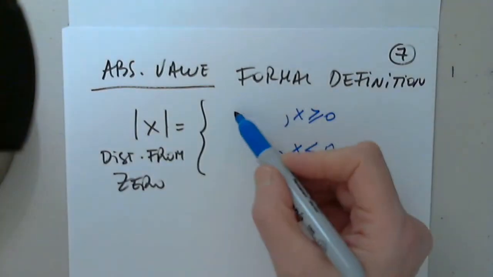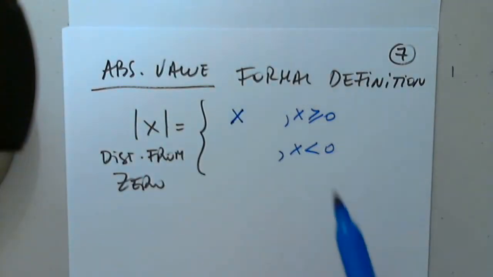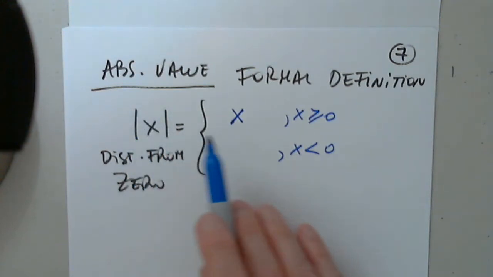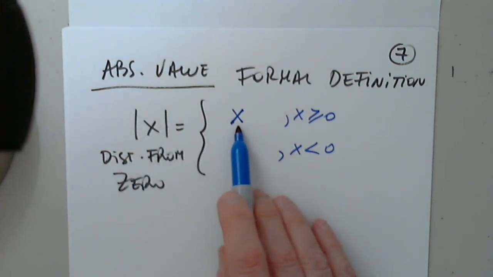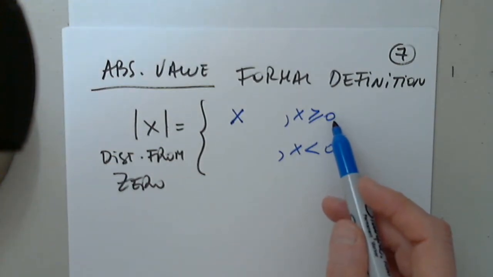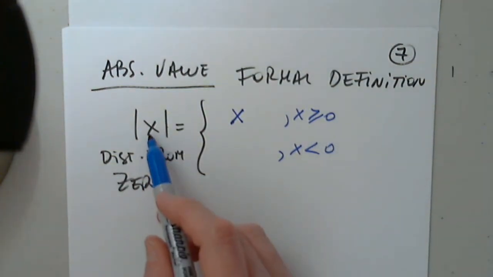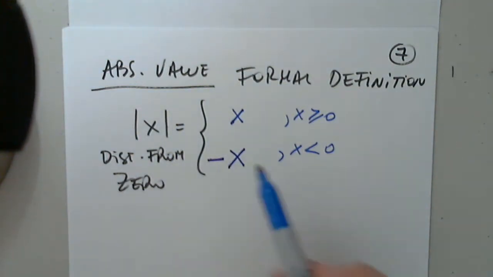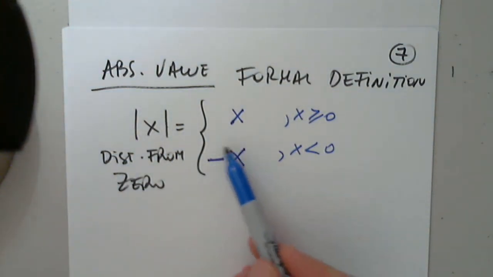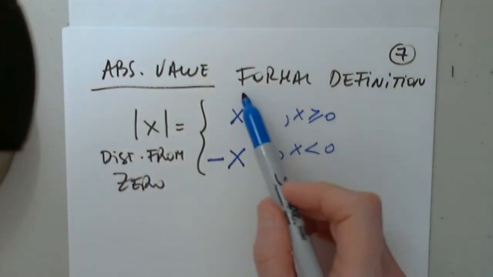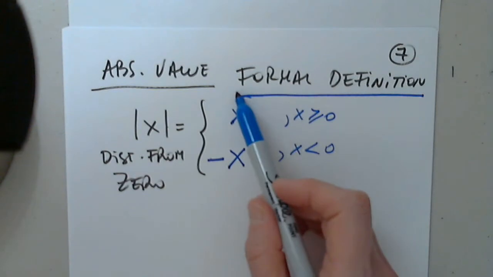The absolute value of x can be replaced by x, plain x, if x is positive or 0. But if x is negative, this quantity can be replaced by negative x, because if it's negative with minus in front, it will still be positive. So this is the formal definition of the absolute value.